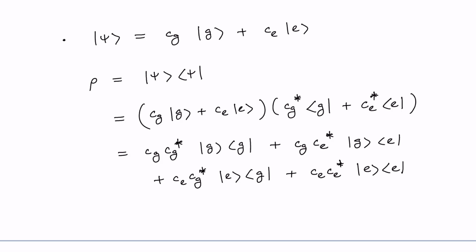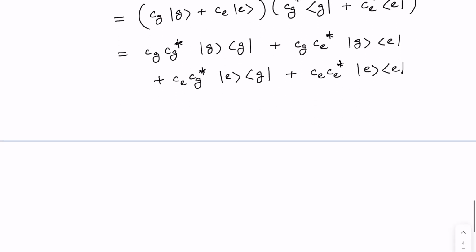Now the beauty of this density operator representation is that we can represent it in the form of a matrix. So to represent it in the form of a matrix, I write rho is equal to, and I will explain how I'm writing it.